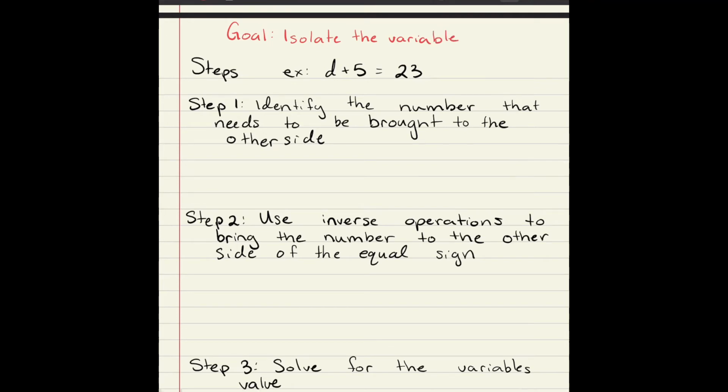The variable wants to be on its own little island. This is my island, that's a palm tree. The variable wants to be on its own island, on one side of the equation. When I say sides, I mean this is one side, this is the other side, and the equal sign is what separates the sides.